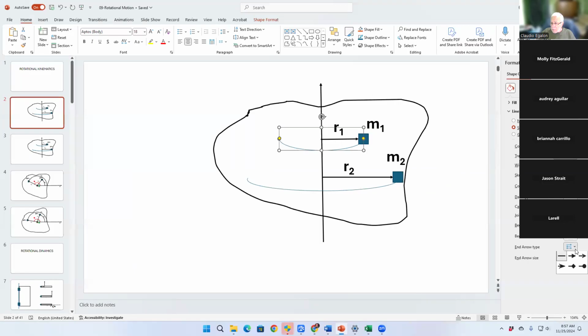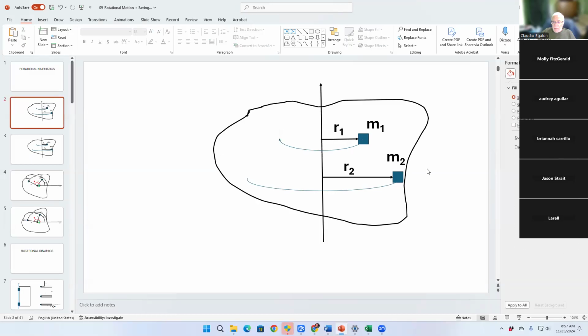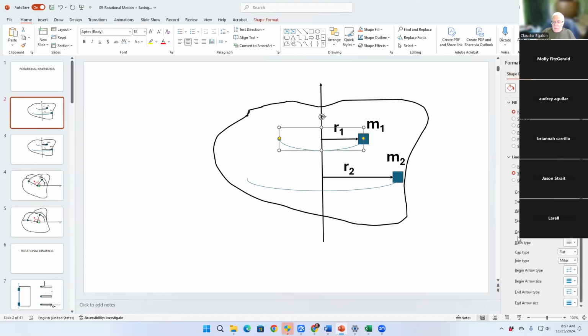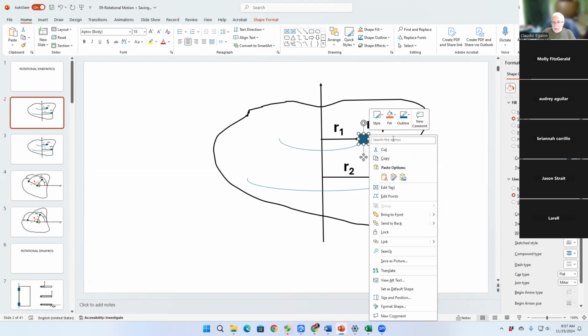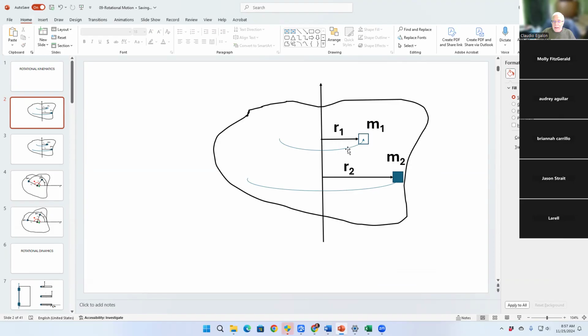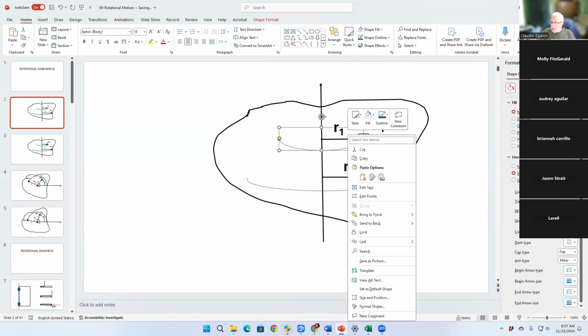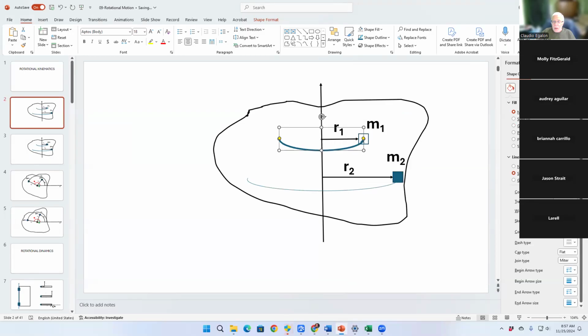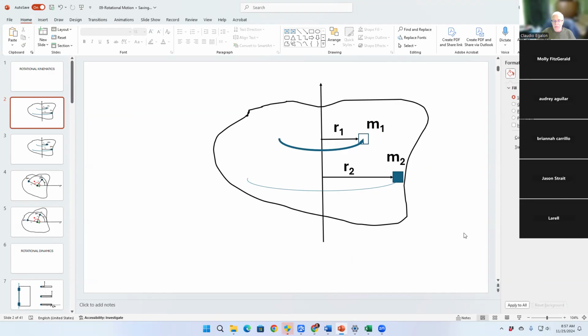I put the arrow in the wrong direction. Let's put it in the right direction. All I have to do is change the fill. See the little arrow right in here? It's that small. Let's see if I can make it larger. So the object is rotating like that.